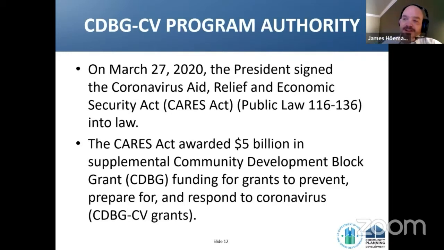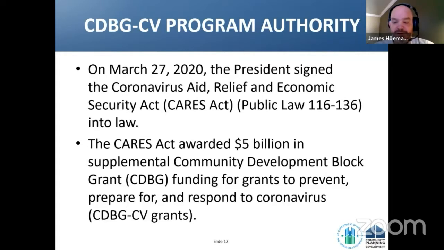I was actually talking with a group yesterday, and we started our outreach to our field offices and to our grantees on March 13th, right before it was signed. We knew at that point that it was coming and went ahead and started our engagement on what processes grantees should start to put into place in order to prepare to make application for that funding.